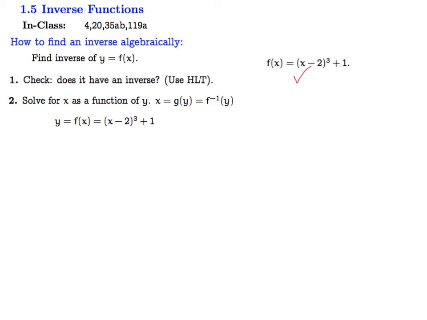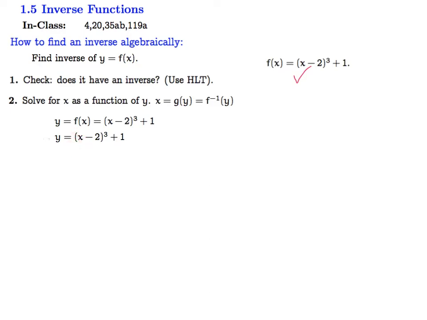So step 2 is where the real meat of this problem happens. The first thing we want to do is solve for x as a function of y. So we write y equal to our function, which equals (x minus 2) cubed plus 1. Just to make this look a little bit nicer, we'll remove the f of x before we do a bunch of algebra. But our basic goal here is just to solve as you've learned to solve ages ago in algebra class.